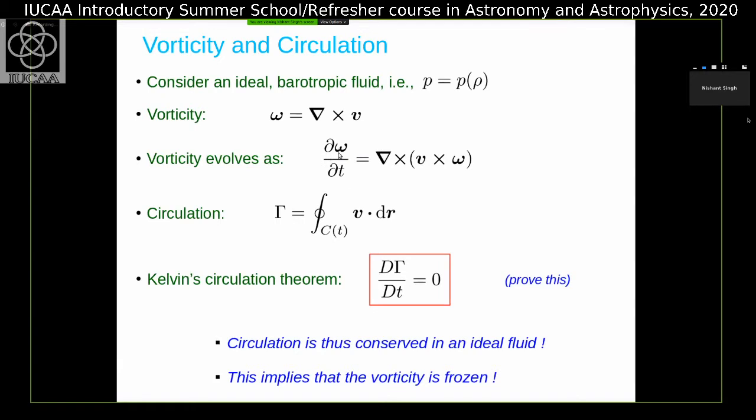Del t of omega, or B, is exactly equal to curl of V cross omega, or curl of V cross B. What was the consequence of this for an ideal case when there was no dissipation? That the circulation or the vorticity was frozen to the fluid.